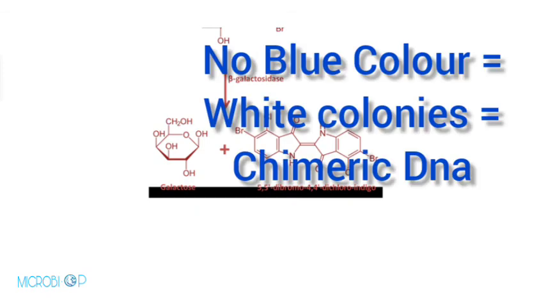It means there is insertion of the DNA insert, and the N terminal has been cut into two pieces. Hence no fully functional LacZ gene was produced, and due to this nonfunctional LacZ gene, no beta D galactosidase was produced. We need to see the differences here.